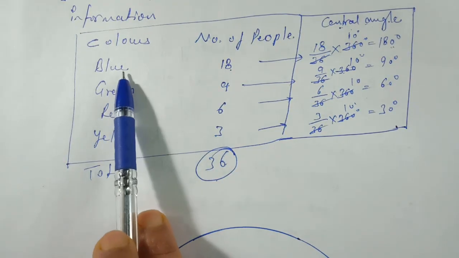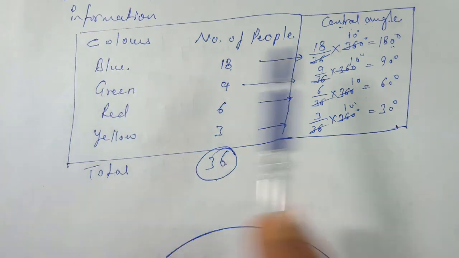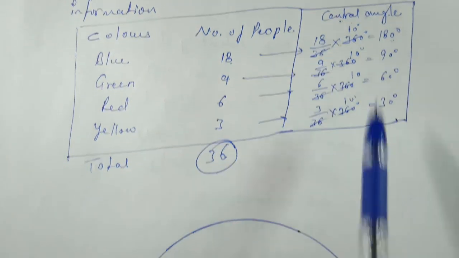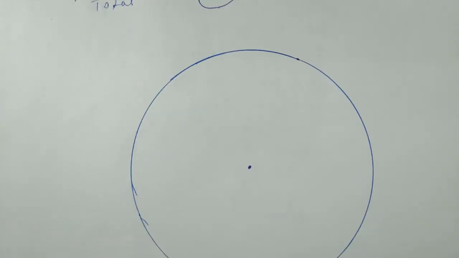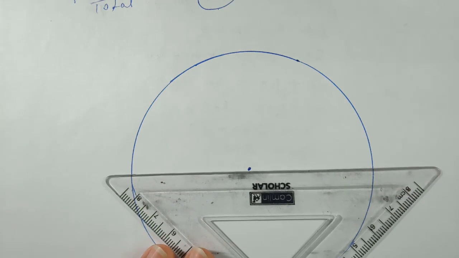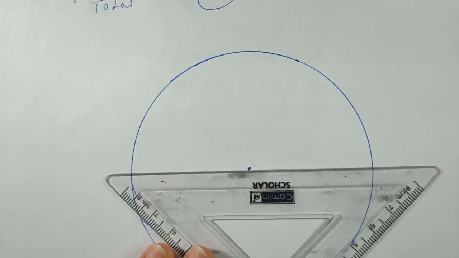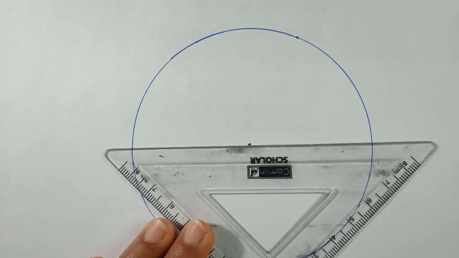Now we have to mark the angles of these colors in the circle. For blue, what is the central angle? 180 degrees. We know that 180 degrees means a straight line. It means if we draw the diameter in the circle, we are drawing a horizontal line for 180 degrees.